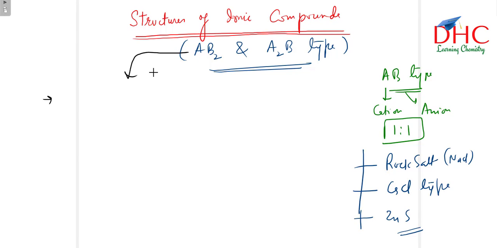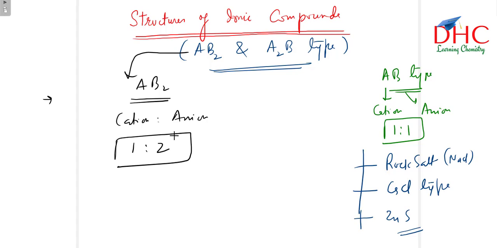In AB2 type compounds, the ratio between cation and anion is 1:2. Cation 1 है, anion 2 है, तो there is a ratio that's 1:2. That's called AB2 type compounds. ये जो AB2 type compounds हैं, ये एक structure depict करते हैं, and the structure is fluorite type structure.